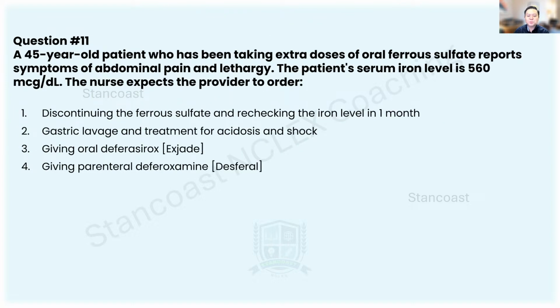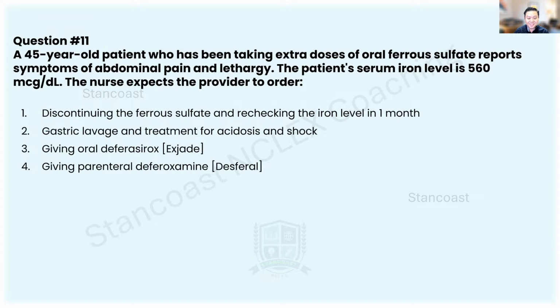Now let's move forward to number 11. A 45-year-old patient who has been taking extra doses of oral ferrous sulfate reports symptoms of abdominal pain and lethargy. The patient's serum iron level is 560 micrograms per deciliter.